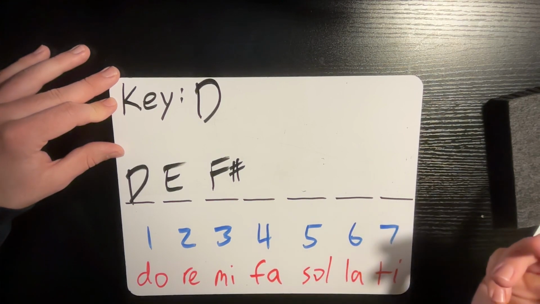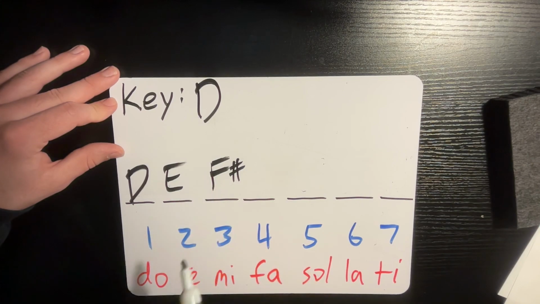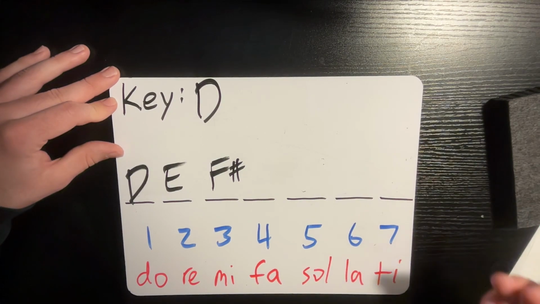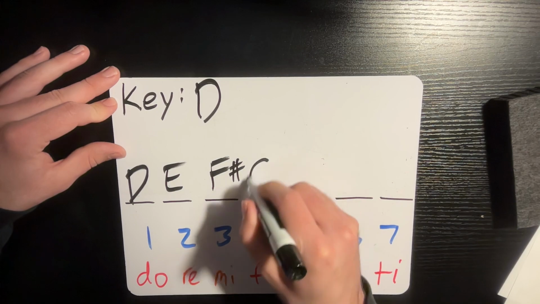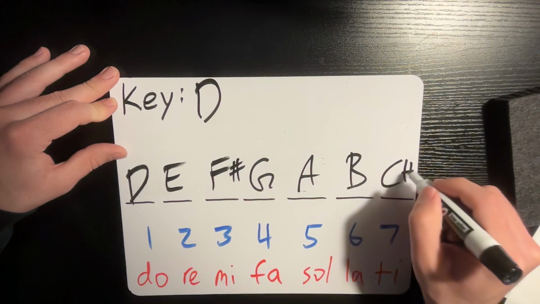D is the second sharp key. There's 2 sharps in it. So we still retain the same F sharp from G major. This is a pattern that will continue through every single sharp scale that we go through, and you'll see that. F sharp, G, A, B, C sharp.